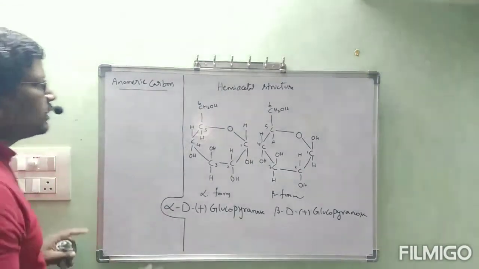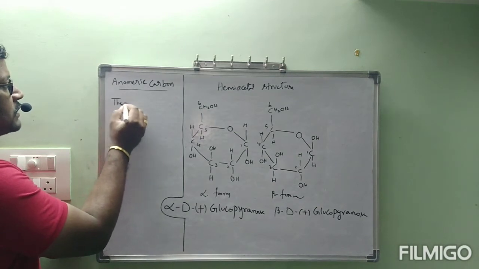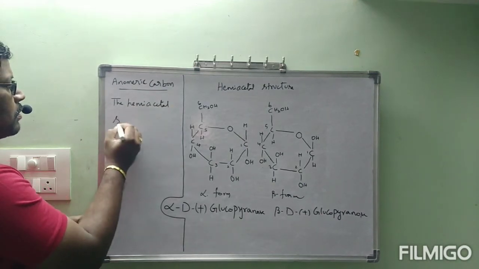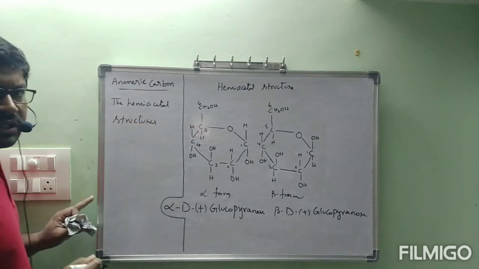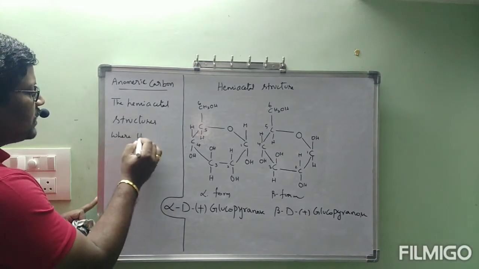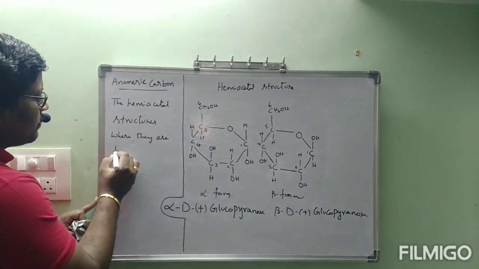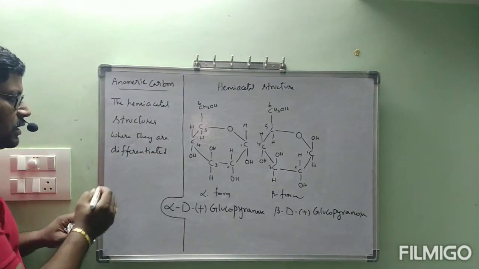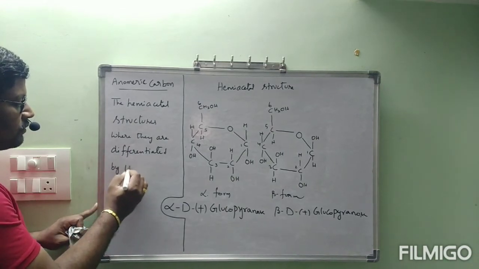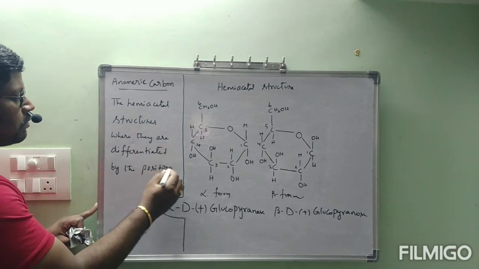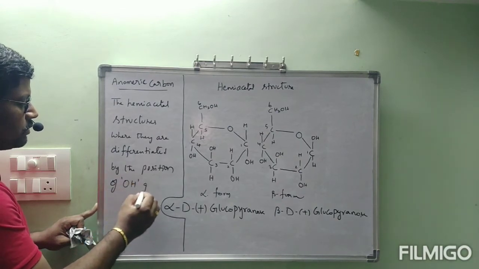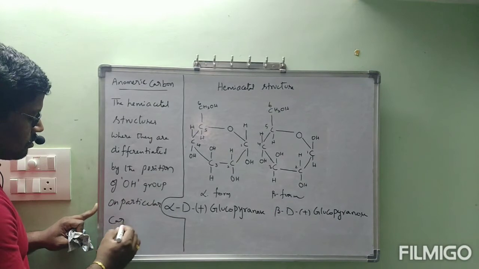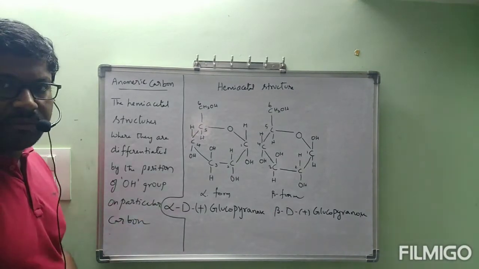The hemiacetal structures where they are differentiated by the position of the OH group on a particular carbon, that carbon is called the anomeric carbon.